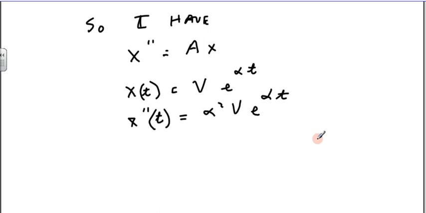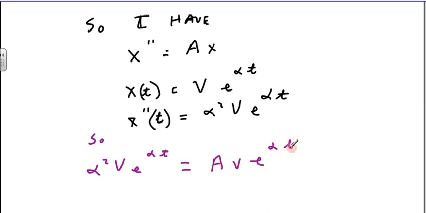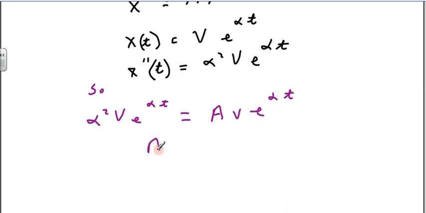Okay, so that being the case, alpha squared v e to the alpha t has to equal A v e to the alpha t, where the v is my eigenvector, and I can rewrite that as A v is equal to alpha squared v.